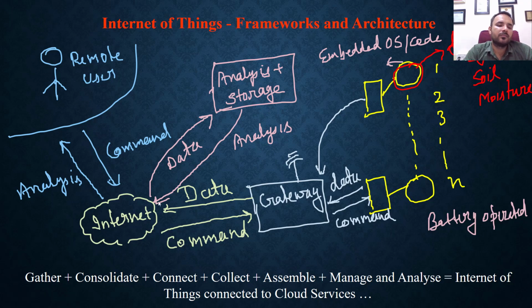Because we need the analysis of the data and the storage of the data, because the data may be huge, and the analysis and storage unit provides the useful data to the user. The storage or analysis unit analyzes the data and sends this analyzed data back to the internet, and the internet sends this analyzed data to the remote user.